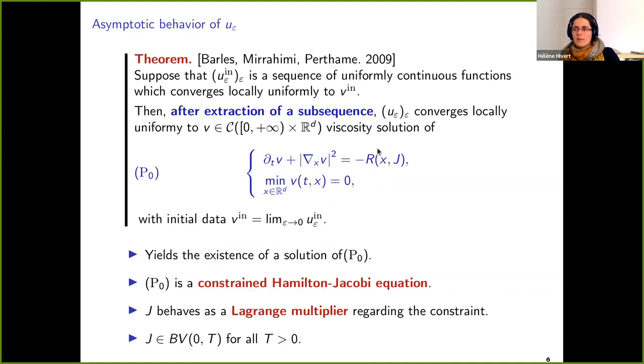Okay, and it is in fact a complicated problem, since J has only BV regularity, meaning that it can have jumps.